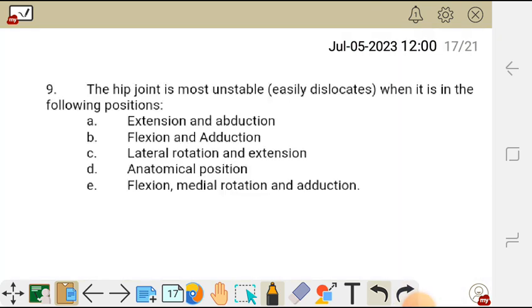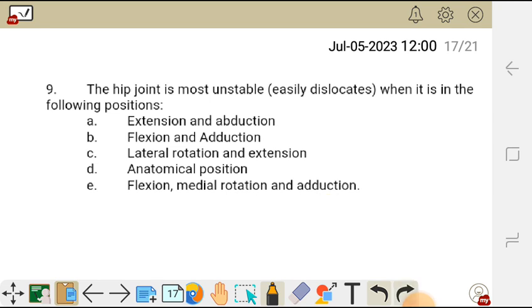Question 9, the hip joint is mostly unstable, easily dislocates when it is in the following positions: A, extension and abduction. B, flexion and abduction. C, lateral rotation and extension. And D, anatomical position. And E, flexion, medial rotation and abduction.